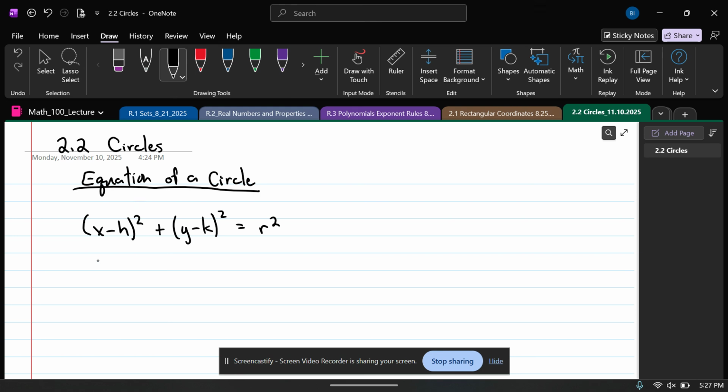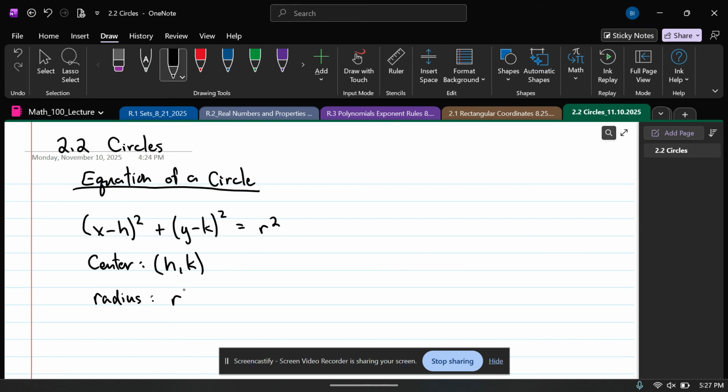Okay? The center, so in geometry, the definition of a circle is all the points that are equidistant from a single point. So the center is that single point. The center is at the ordered pair (h, k). The radius is that distance they are away from that center point.